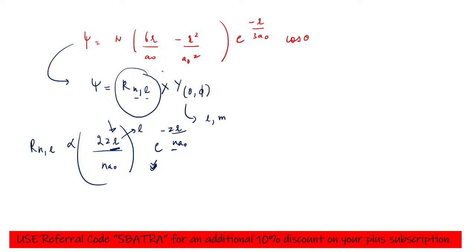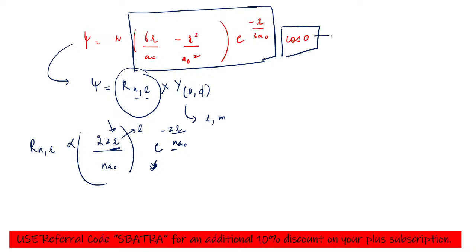So this part is your radial part, and this part is your angular part, that is your theta and phi. Let's find out the value of L. We need to find out this free R. How can we find it?